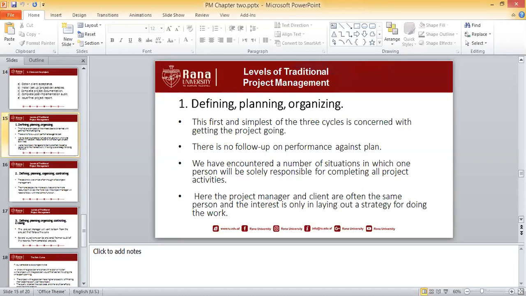So when you're organizing a seminar or workshop, this one person defines, then he plans, and then he organizes. So this is the simplest form of traditional project management.